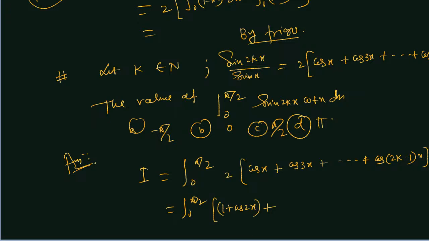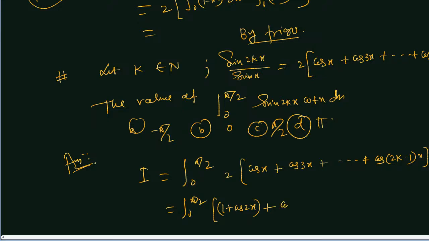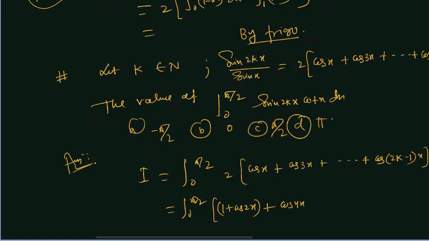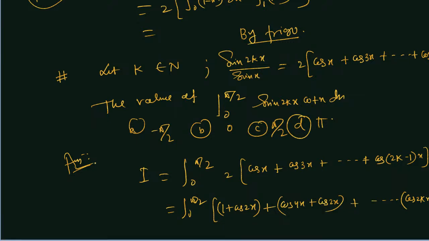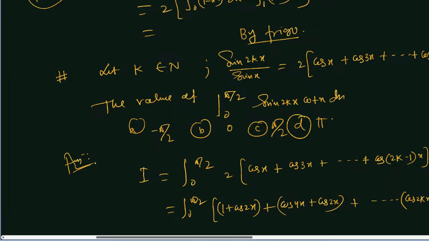This will be what? 2 cos 3x cos x is cos a plus b plus cos a minus b. Isn't it? And the last one, cos 2kx plus cos of k minus 2k. Alright?